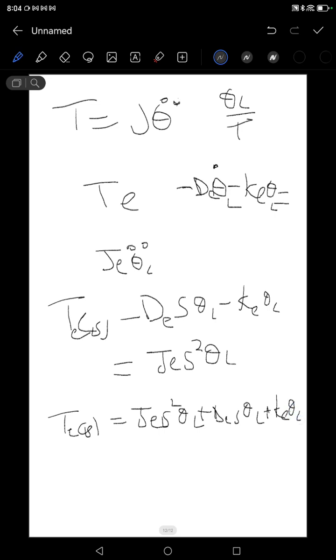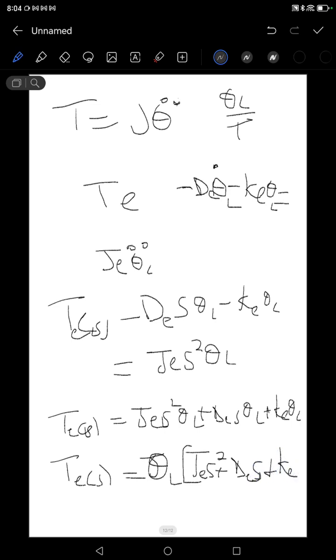Then we can take out the theta L as a common factor. Then we have T of s equals theta L into JE s squared plus DE s plus KE, like this.